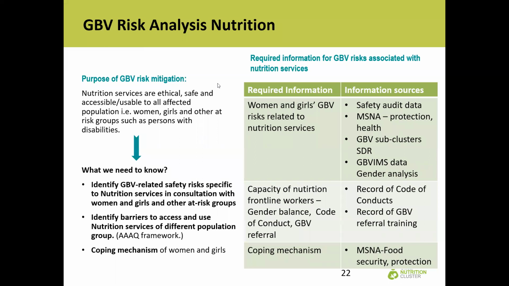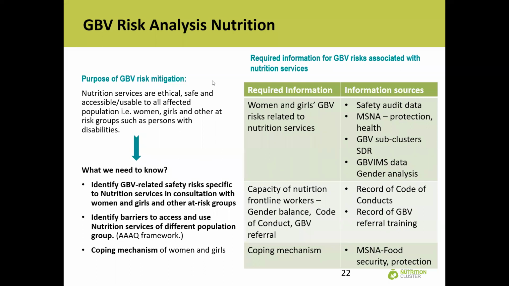These are some of the typical risks, but we also hear in different countries that women face, for example, domestic violence at home because the husband doesn't allow women to go to nutrition services or any other services without his approval, and he doesn't understand the importance of nutrition services.